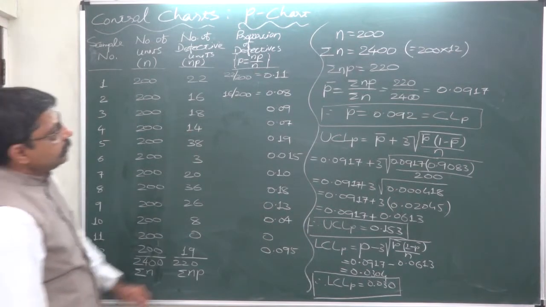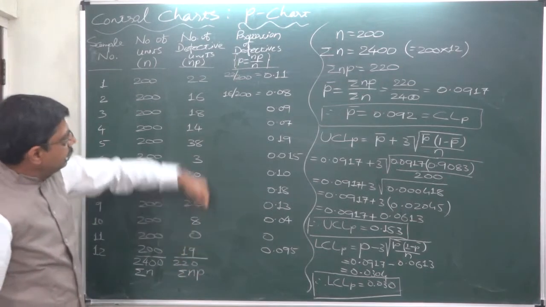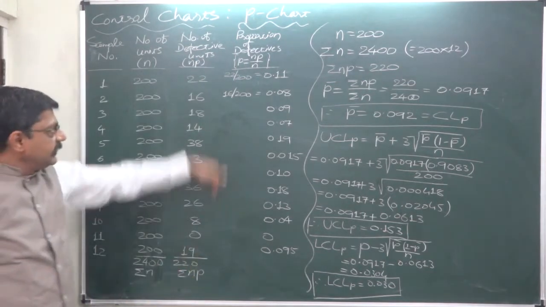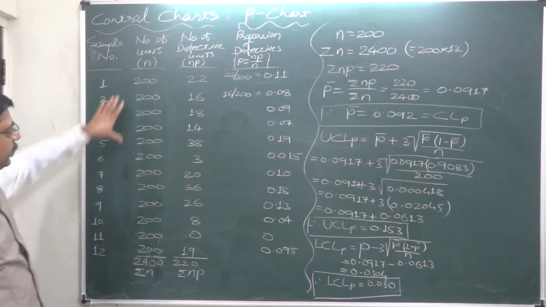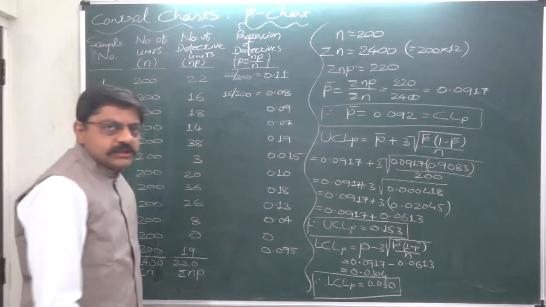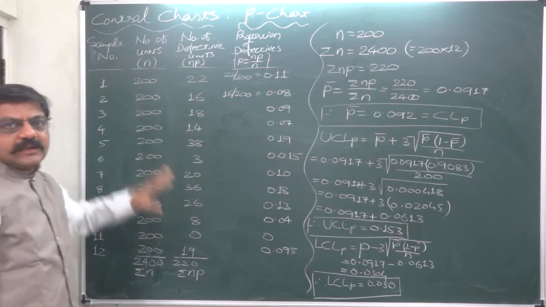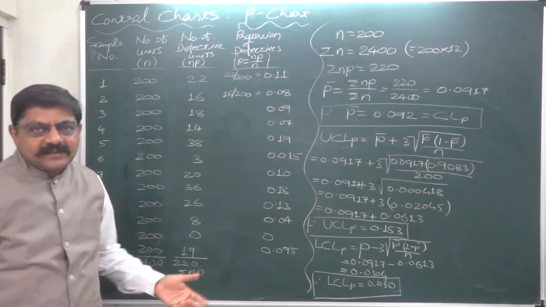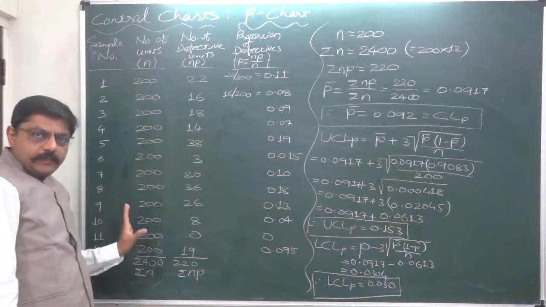Okay, so first, in any examination problem, you will find this readily available in the question. Yes, sample size may not be given in the columnar form. The examiner has a choice to express the sample size just as information, 12 samples each of size 200, etc. But it should be there in the problem.